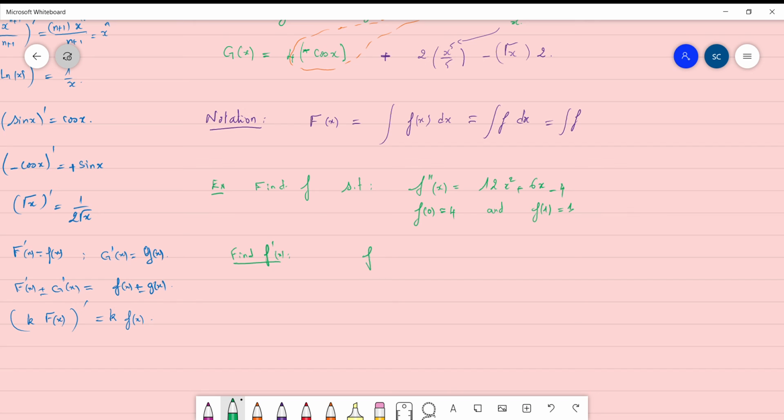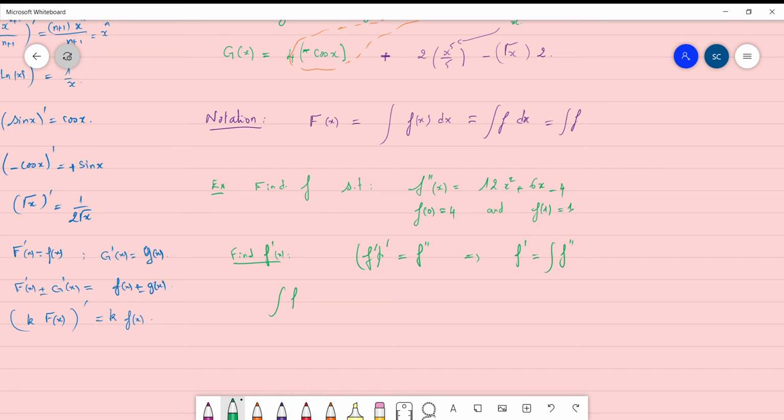I know that the derivative of f' will give me f''. So f' is an antiderivative of f''. Instead of writing this just with words, let's say that f' is an antiderivative of f''. So let's find an antiderivative of f''.